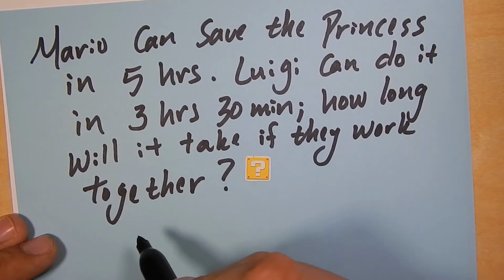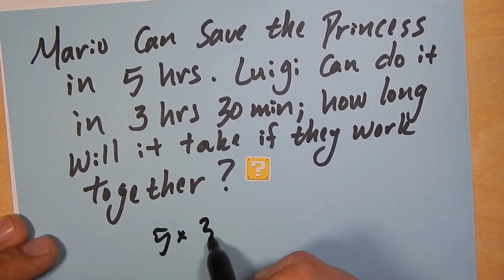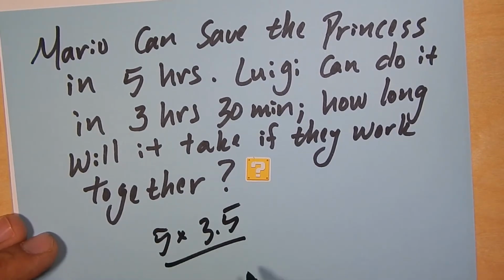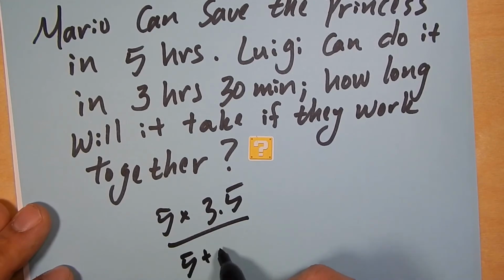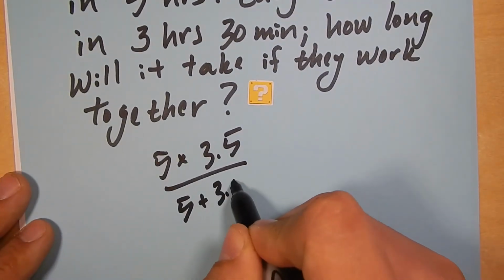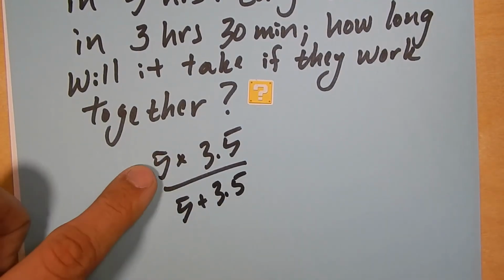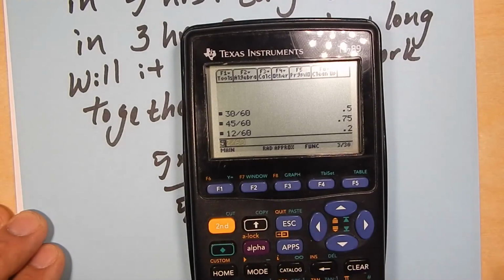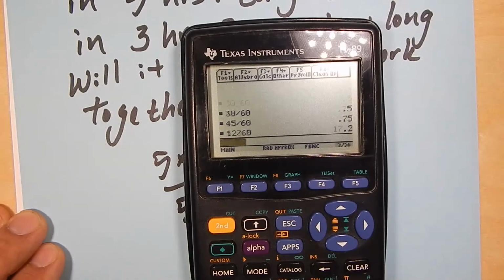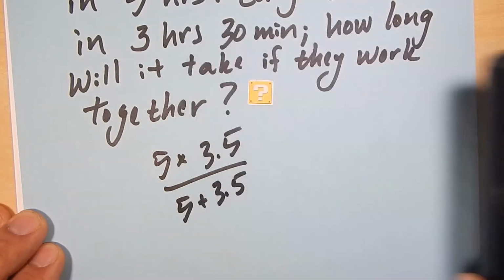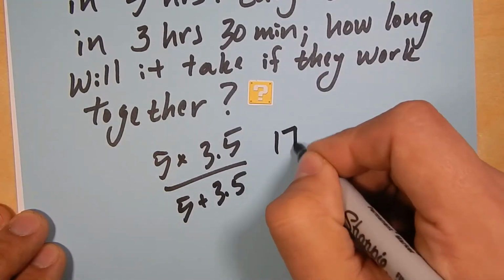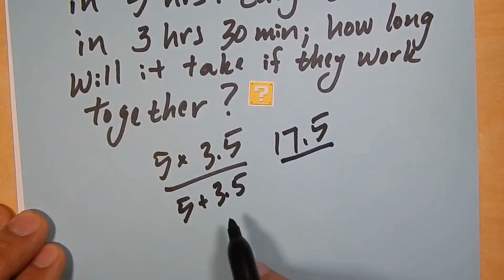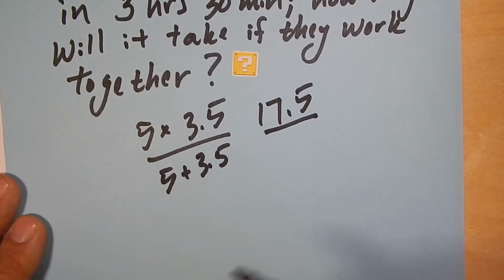So we're going to do the product. So 5 times 3.5 over the sum, 5 plus 3.5. So product over sum. 5 times 3.5 gives us 17.5 over 5 plus 3.5, so that is 8.5.